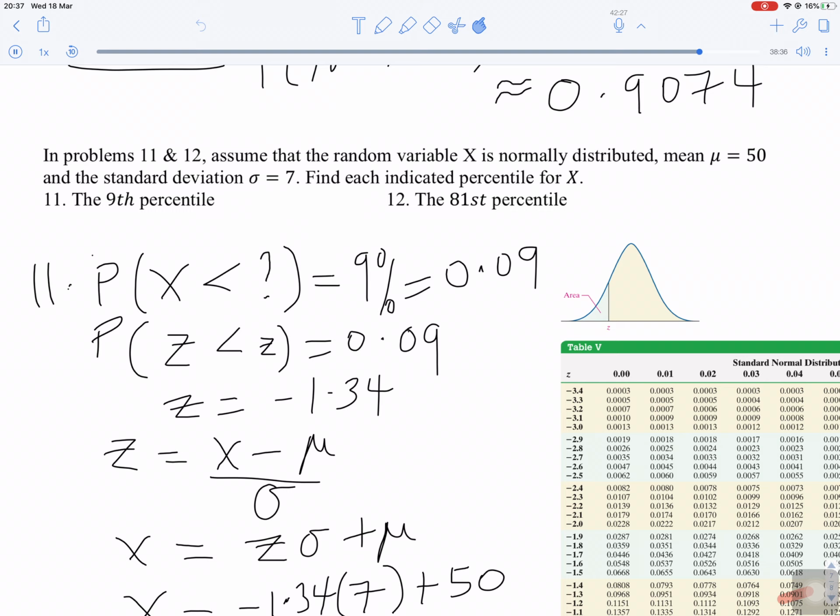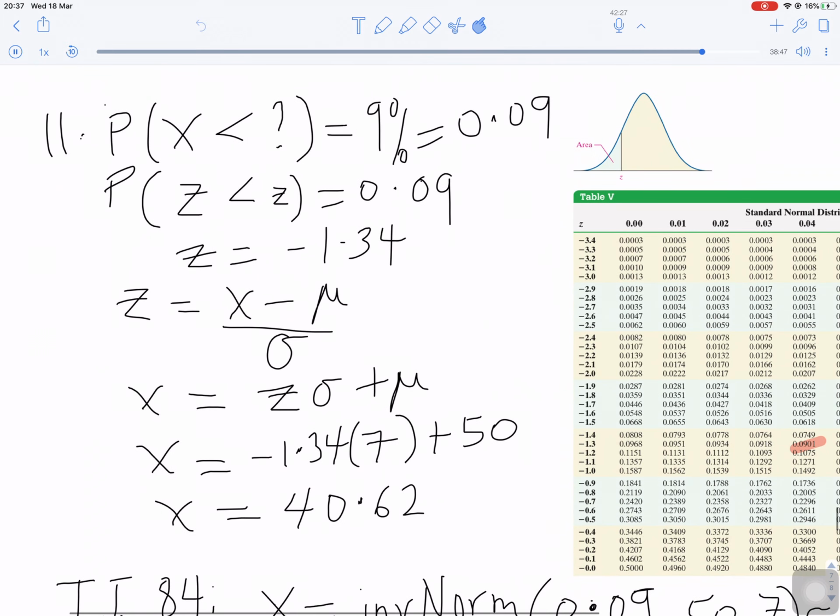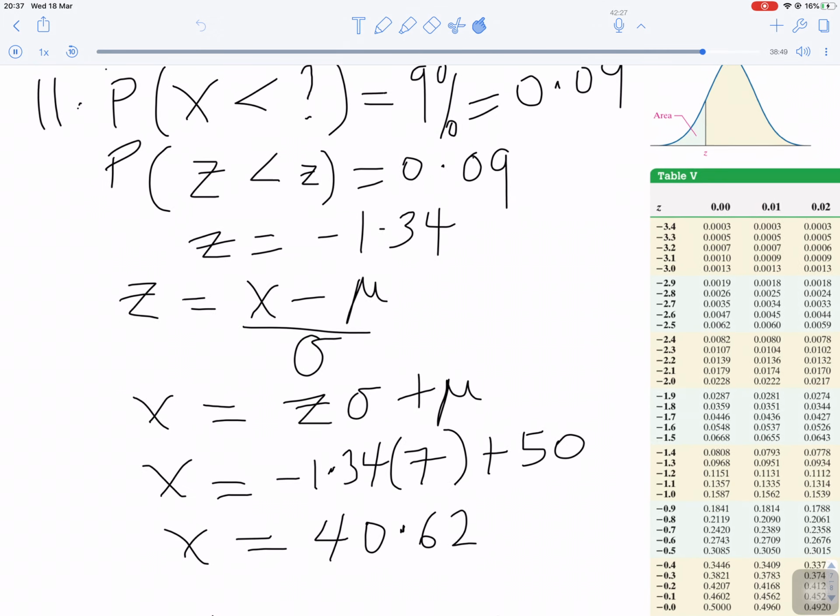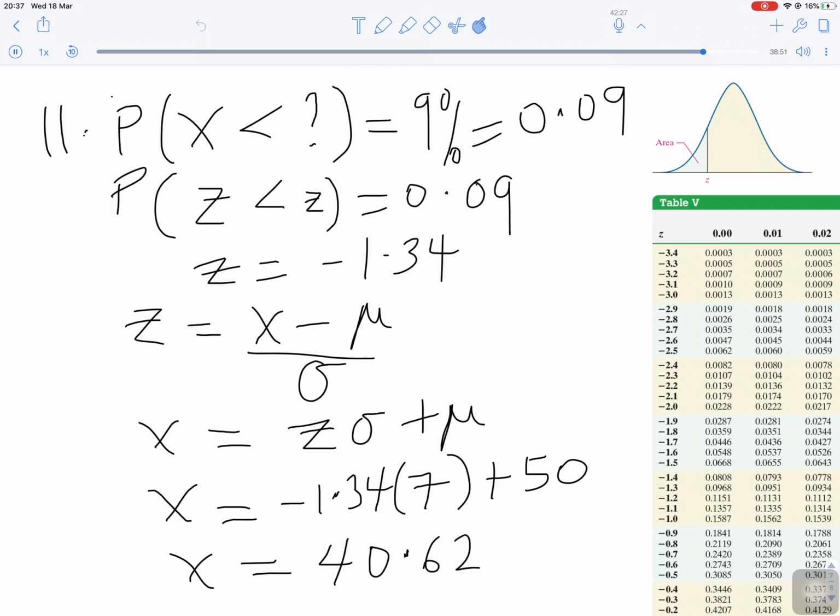So if we can find the z-score in the standard normal distribution, we can use that z-score to get our x. That is if you don't use the calculator syntax. How do you do that? So we want to first find the z-score when the area to its left is 0.09.